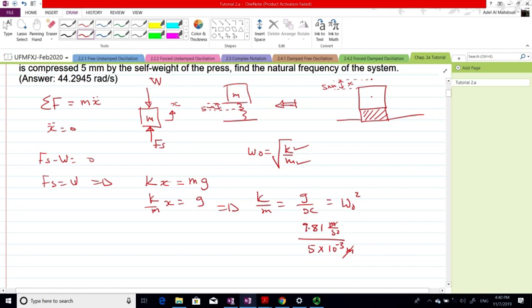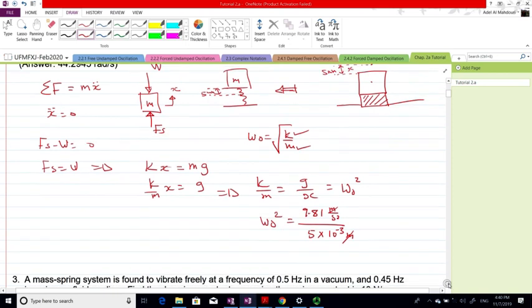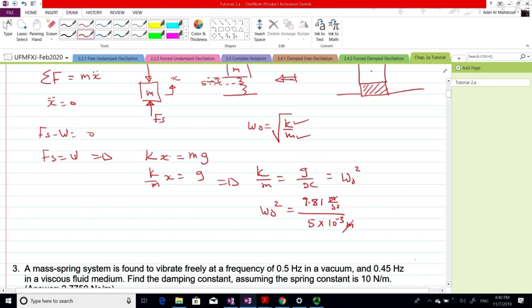Then it becomes radians squared per second squared. Radians squared per second squared. Can you try calculating that? Omega naught squared. How much will that be?